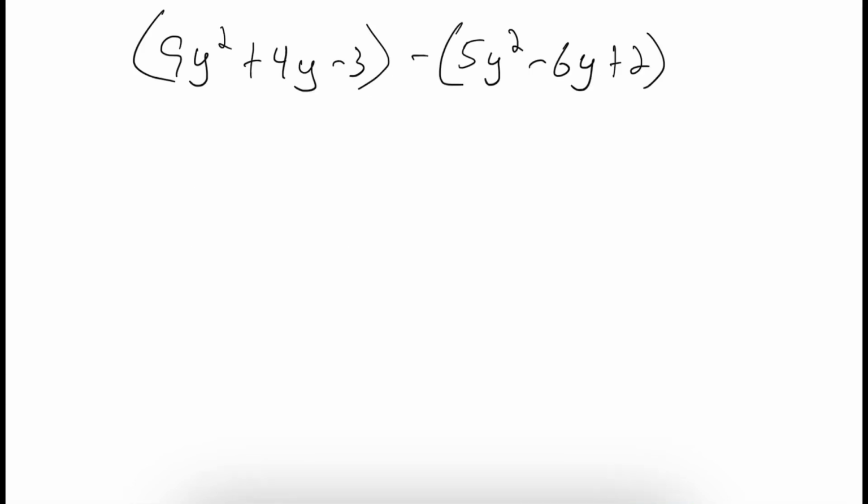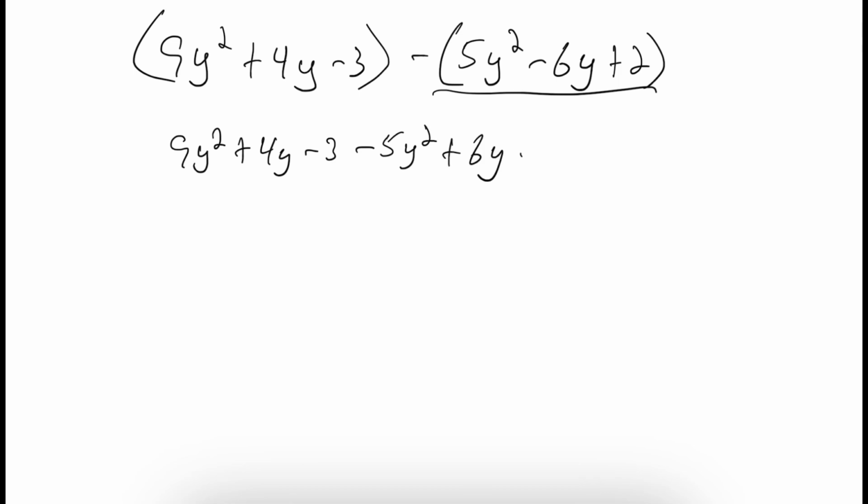Now we have 9y squared plus 4y minus 3, all in parentheses, minus 5y squared minus 6y plus 2, all in parentheses. So our first step is to change the signs in our latter one. So 9y squared plus 4y minus 3 minus 5y squared plus 6y minus 2.